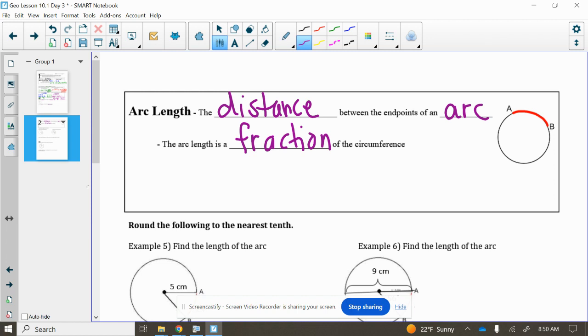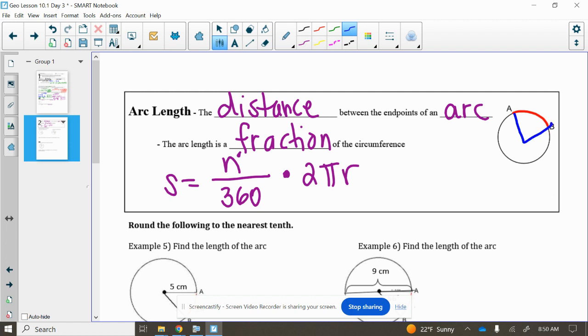When we look for arc length, we use the variable s, and essentially it is the central angle measure, these degrees, divided by 360, because that's how we get the fractional value, and then we multiply it by 2 pi r. So what is n? The n is your central angle measure in degrees. So again, n degrees is the measure of your central angle.